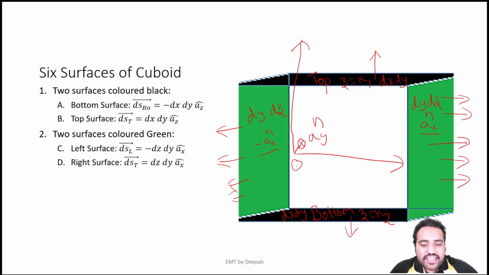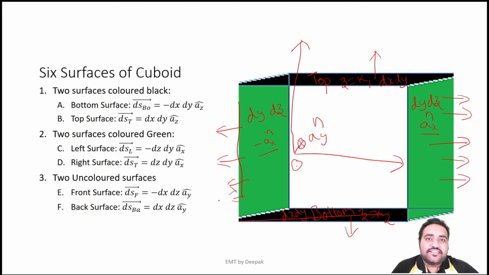They are formed by varying dx and dz. So the area vector for the front surface is minus dx dz ay cap and the area vector for the back surface is dx dz ay cap. Those are the 6 different differential surface elements of a cuboid.